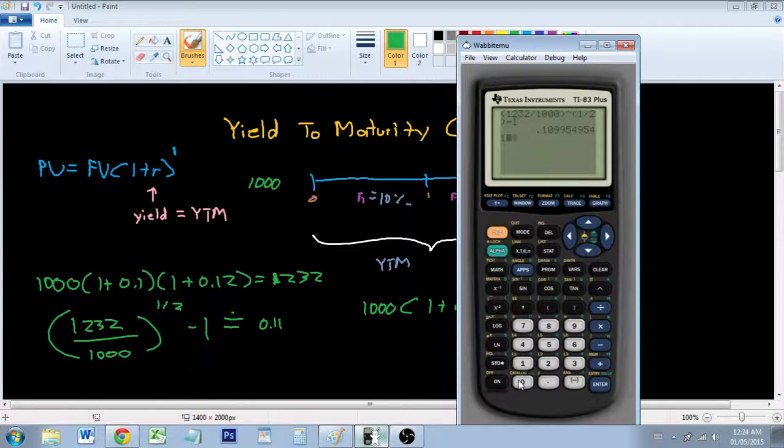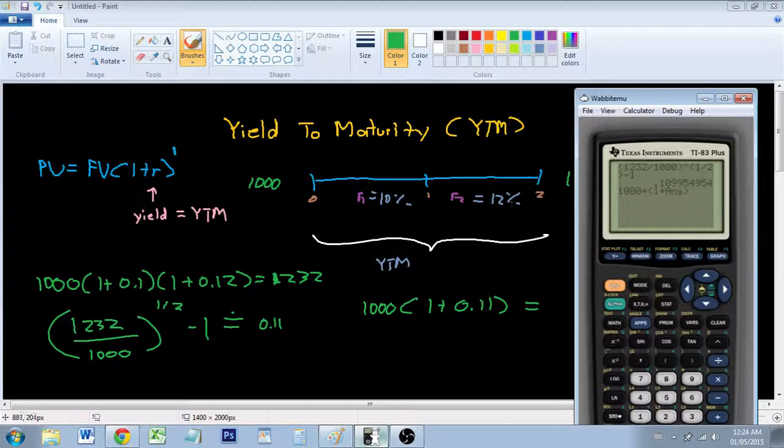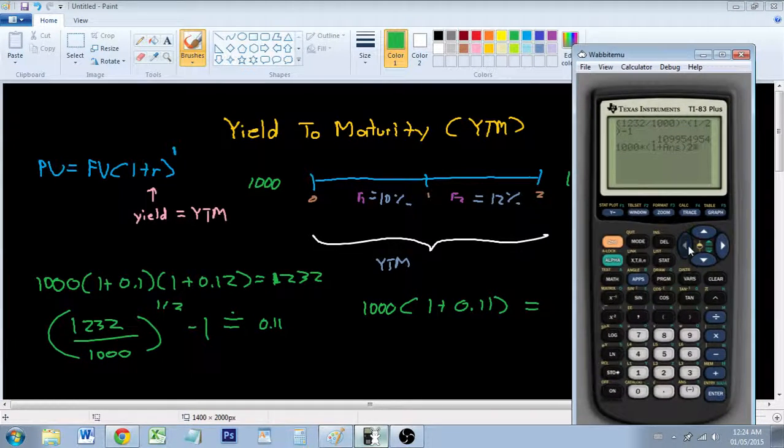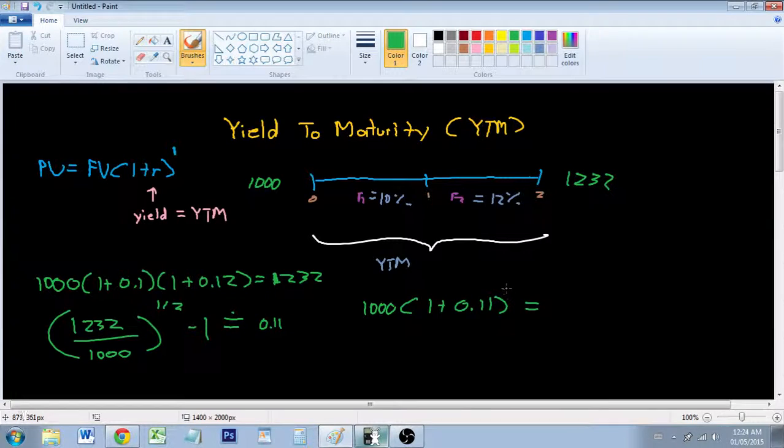So just to verify that, $1,000 times 1 plus that amount over 2 years, remember, not just 1 year, 2 years, because this is 2 periods. You're going to get 1232. And this number here, therefore, is our yield to maturity.